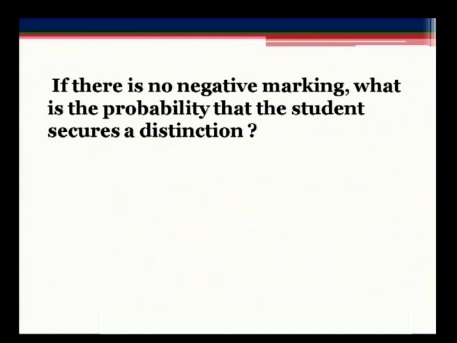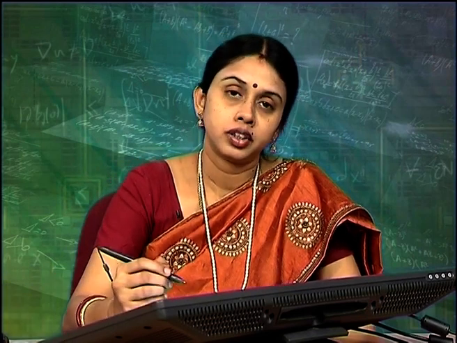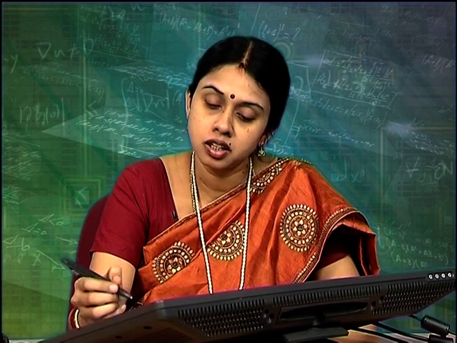He will secure the distinction only if he gets 75% correct answers. 75% correct answers will appear only when he answers 6 questions correctly. We will do this problem, and since there are multiple choice questions with 3 subdivisions, getting 1 correct means the probability of success is the probability of getting 1 answer correct.